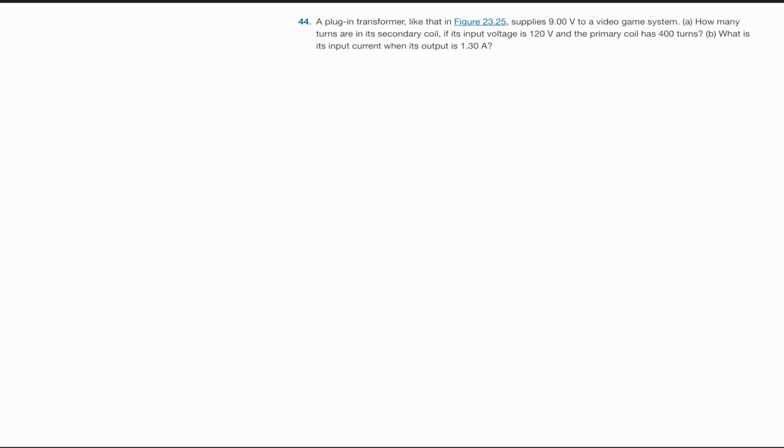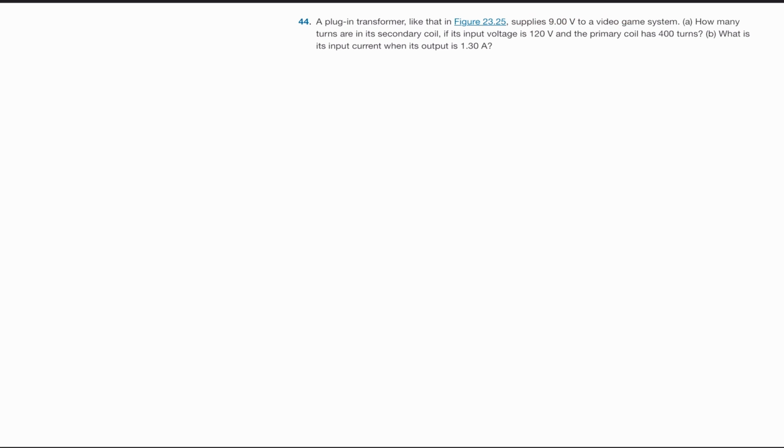Okay, so first things first, the transformer attaches to a wall, to a source, and that source supplies the transformer with a voltage of 120 volts. So be careful, this 120 volts is one that goes into the transformer, and then this 9 volts is what the transformer supplies to a device connected to it, which here is a video game system.